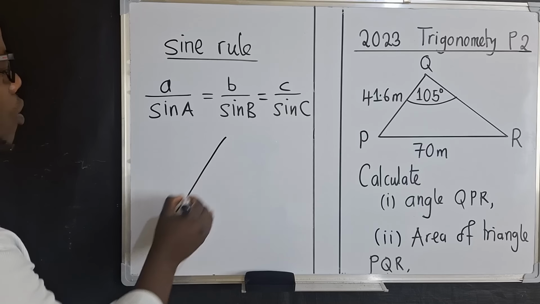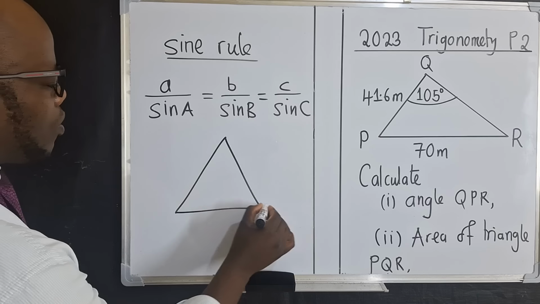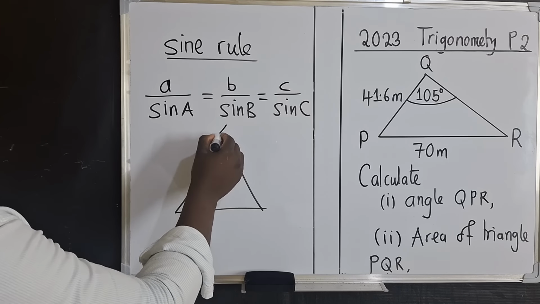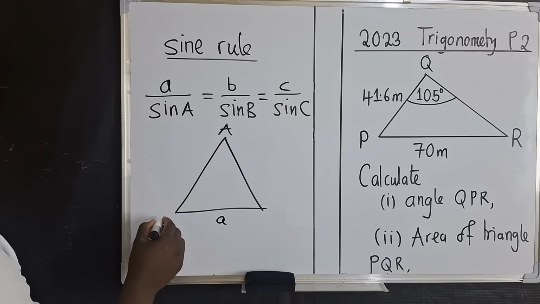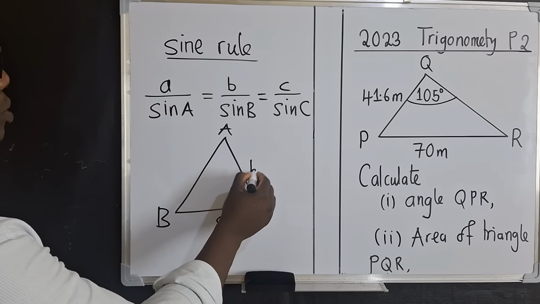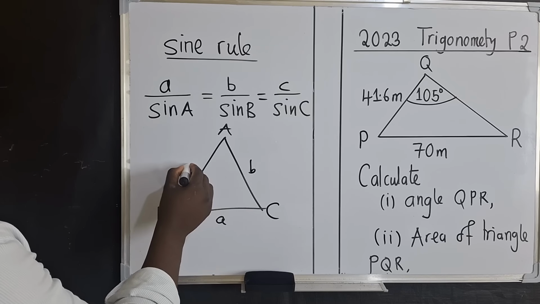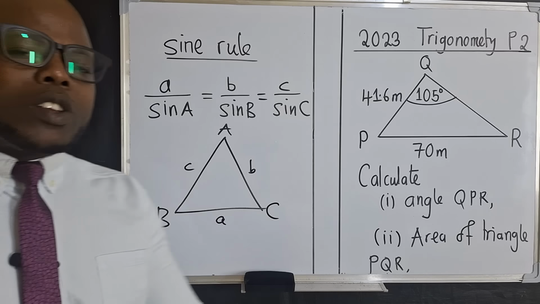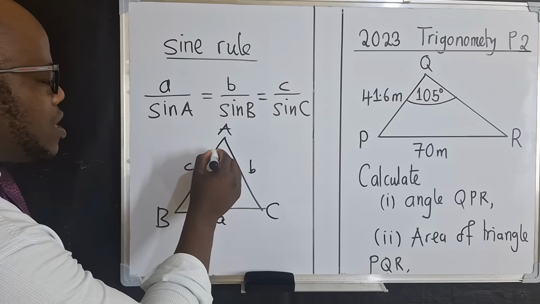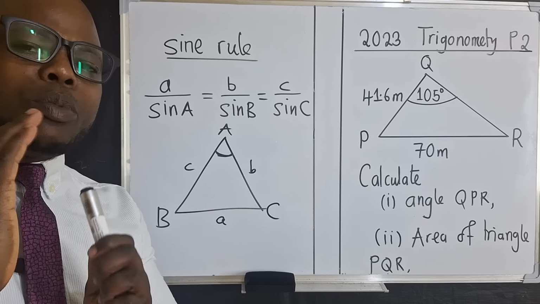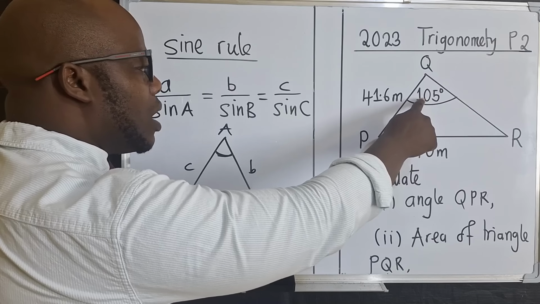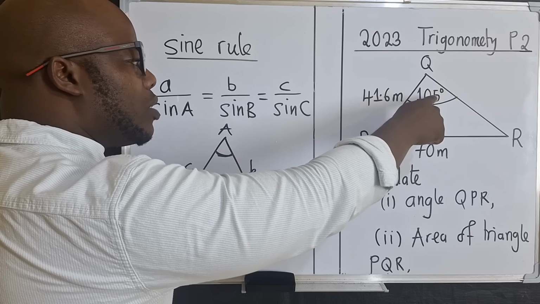When you've got a triangle, let's say this is a triangle, and this is capital letter A, small letter a will be this side, capital letter B, small letter b will be this side, capital letter C, small letter c will be this side. So these capital letters represent angles. For example, here, what angle is at this point?